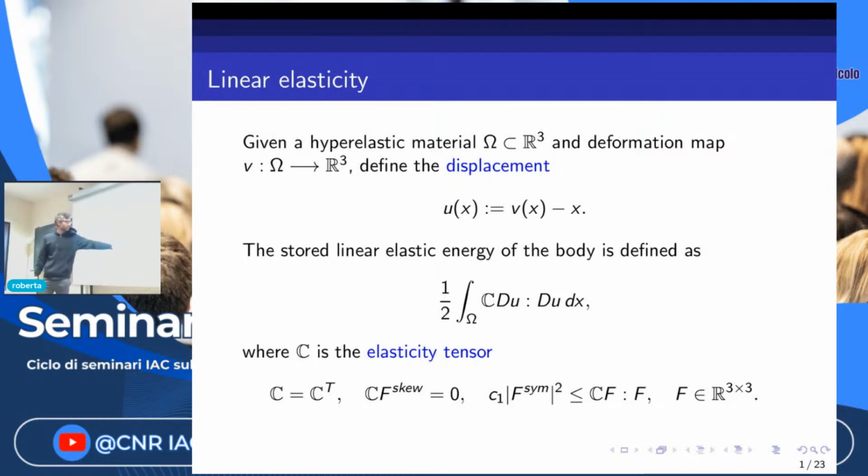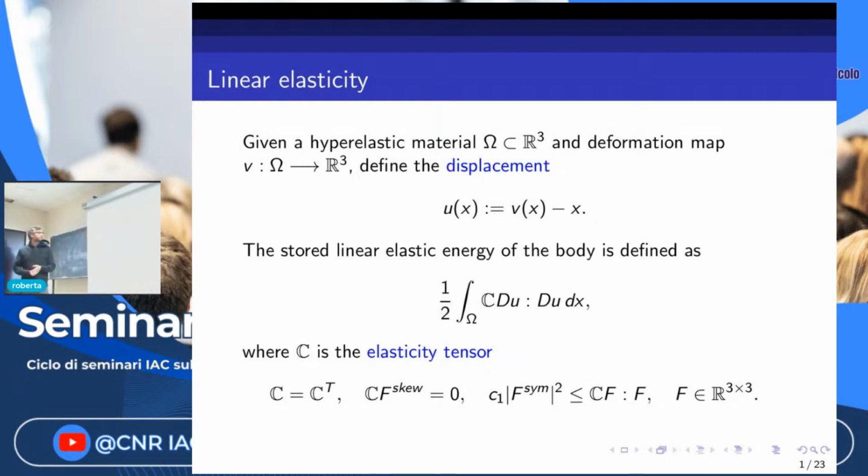this stored energy can be described as an integral of this quadratic energy density, where C is a four-dimensional tensor, which is symmetric, which vanishes on skew matrices, and as a working hypothesis, we shall ask that the square should be coercive in this sense on symmetric matrices.